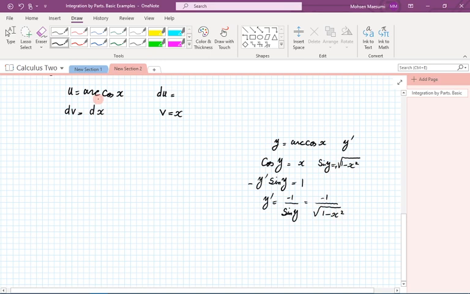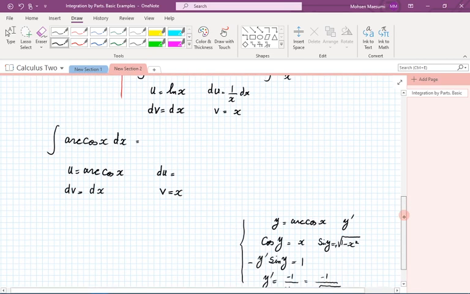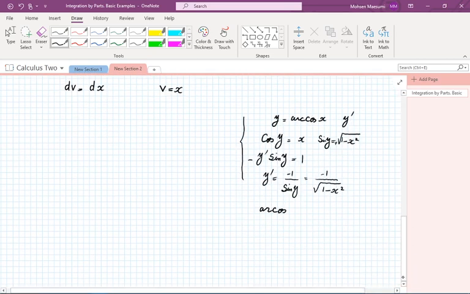That's what the derivative of u is going to be, and I just went through the derivation of that. Let me do this again. If it was arc cosine of x and I want to differentiate it, it would have been minus 1 over square root of 1 minus x squared.